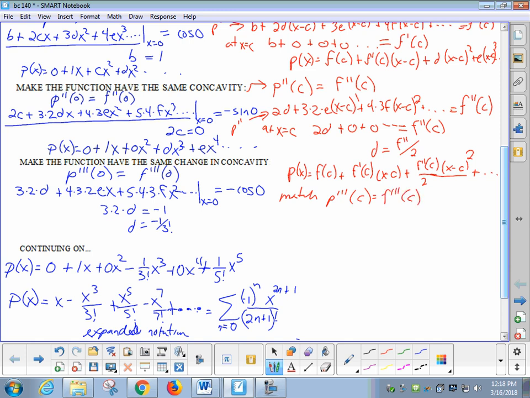What's the derivative of p double prime? 3 times 2 times e plus 4 times 3 times 2 times f times x minus c, right? Plus dot dot dot, and that needs to equal f triple prime at c.